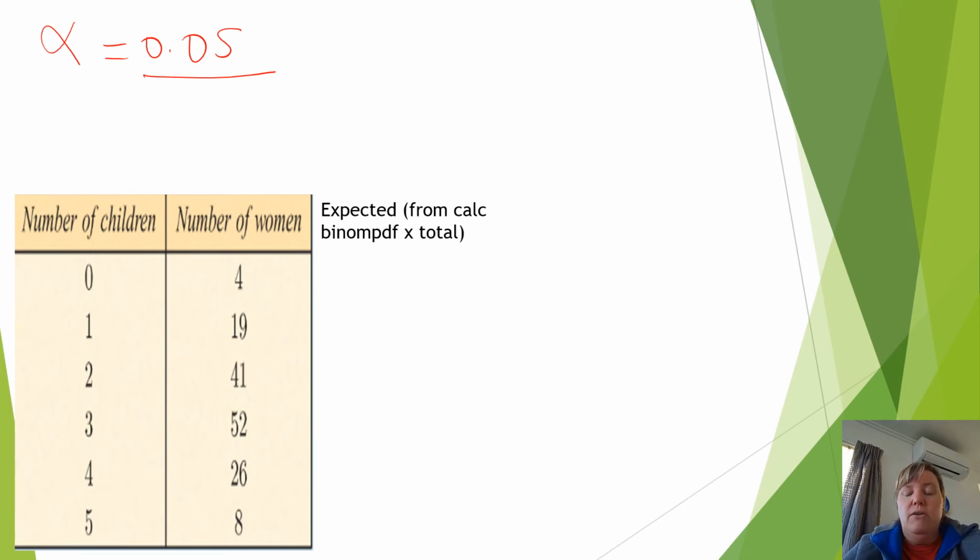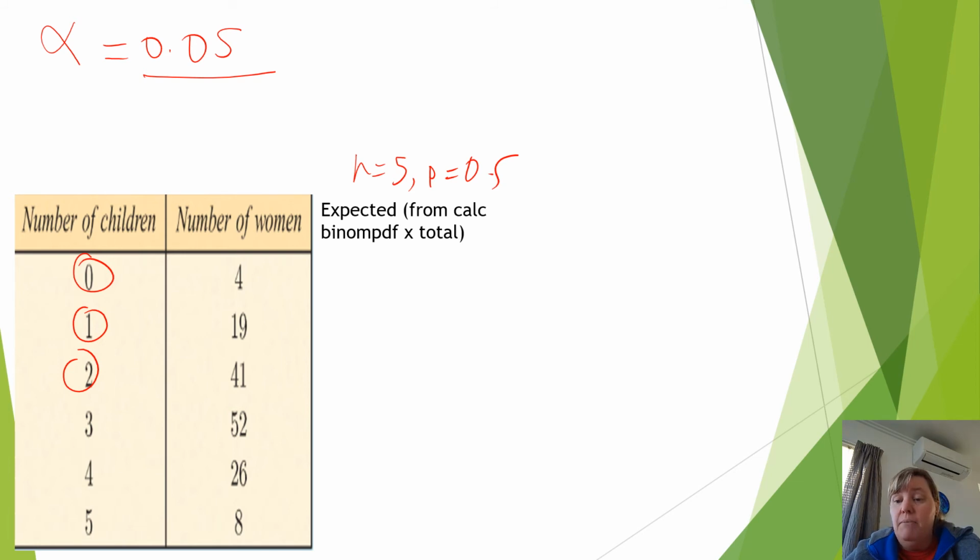I'm going to do binomial PDF on my calculator, PDF not CDF, I'm not accumulating these. I put n as 5, p as 0.5, and then put in each of these numbers: 0, then 1, 2, 3, 4, then 5. I get the probability out, and you can do them very quickly because you can just go back and replace the number.